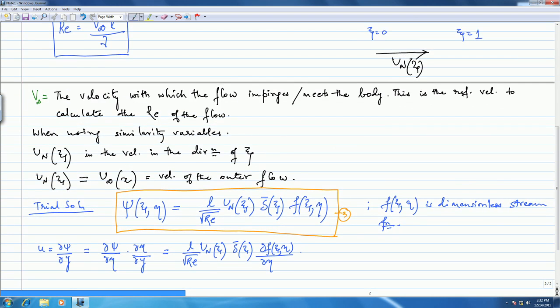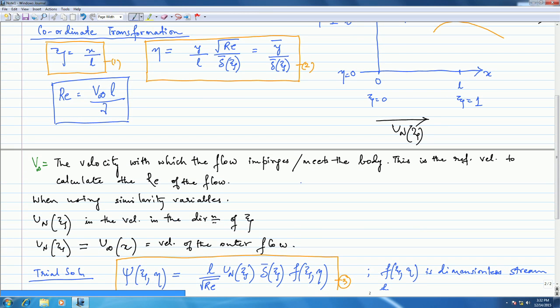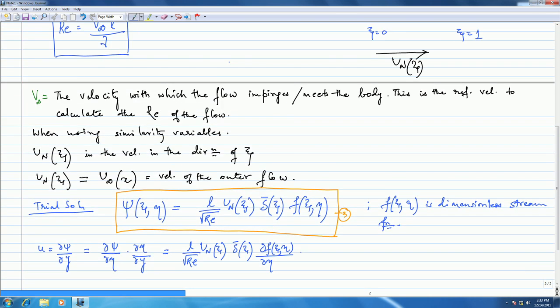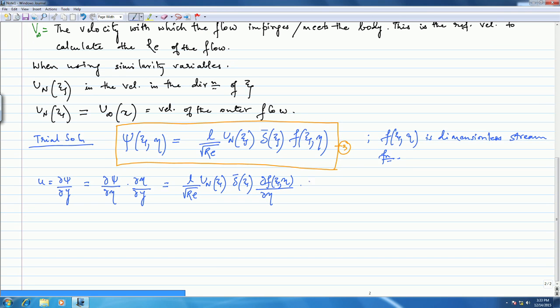So, if you go back here, del eta by del y is under root Re by L, right, into 1 by delta zeta, because that is also again not a function of eta. So, we will just write under root of Re by L, delta bar of zeta, that is all, right.